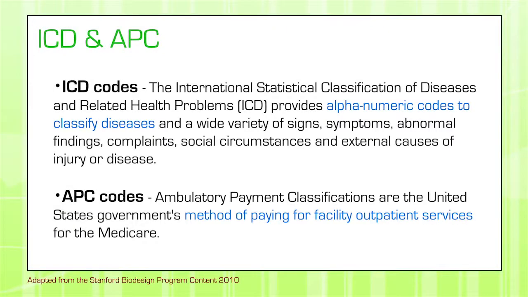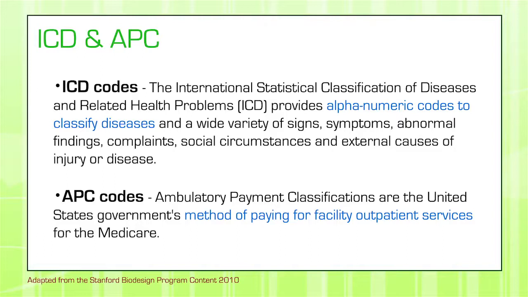Let's take a look at the ICD and APC codes. The ICD codes come from the International Statistical Classification of Diseases and Related Health Problems, ICD for short, and provide alphanumeric codes to classify diseases. It's a way to provide a traceable context for all the signs, symptoms, abnormal findings, complaints, social circumstances, and external causes of a disease and/or injuries.